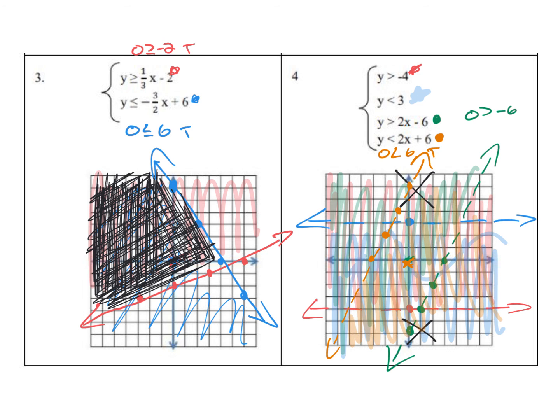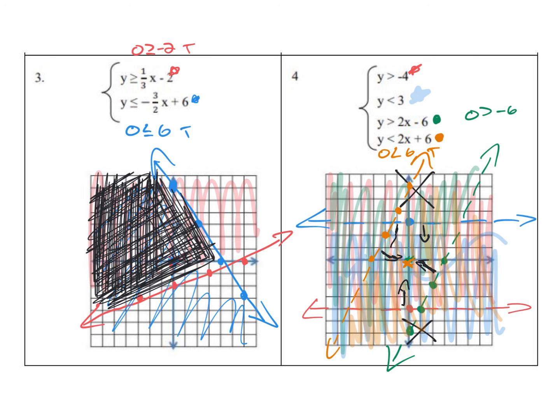Now we got a lot of colors on here, but the key is, where do you have all of our colors? And think about this. We were underneath the blue. We were above this red one. We were kind of like above this green one and underneath this orange one.